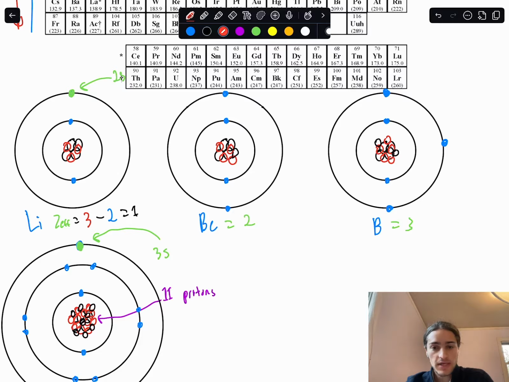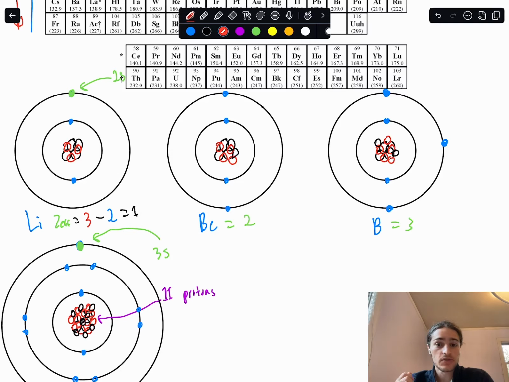But that's not the only factor we need to consider. So I want you to use what I just said and think for a second about how the trend might go and why the effective nuclear charge might change the size of the atom.